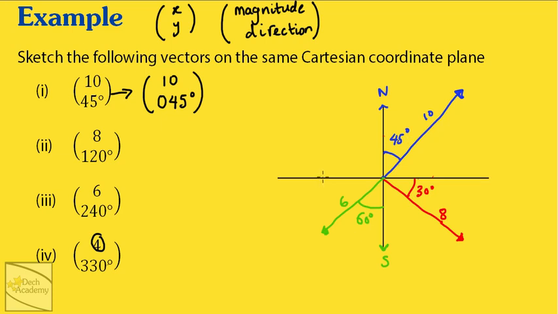So an extra 60 degrees will take us to our vector. So this is 60 degrees. We know that from north to our vector is 330 degrees. This vector must have a magnitude or length of 4 units. It's as easy as this.